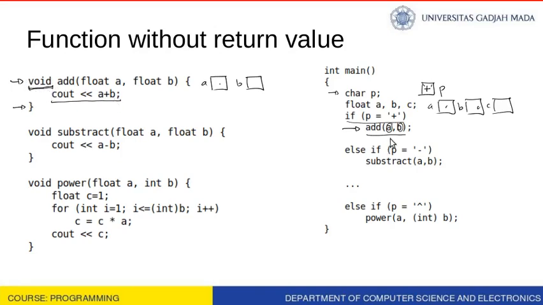Okay, and we cannot do assignment of this function call because there is no memory with the name of add. And you can try to evaluate this subtraction and power just the same as the logic in this addition.